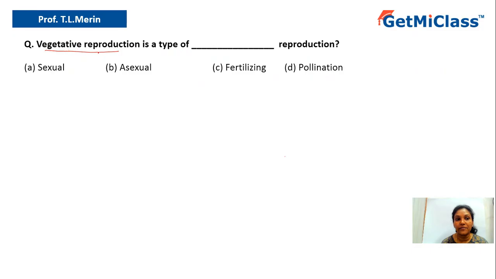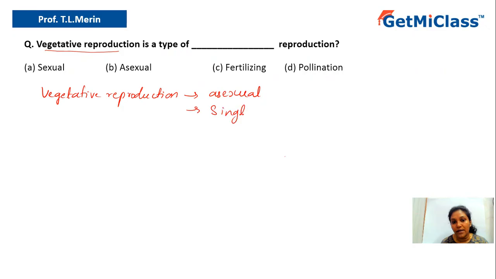So what do you understand by vegetative reproduction? As the name indicates, it is vegetative reproduction. That means it is an asexual mode of reproduction. Why? Because it involves only a single parent.